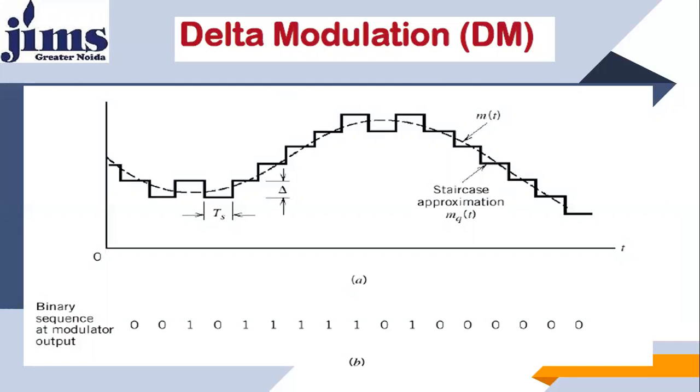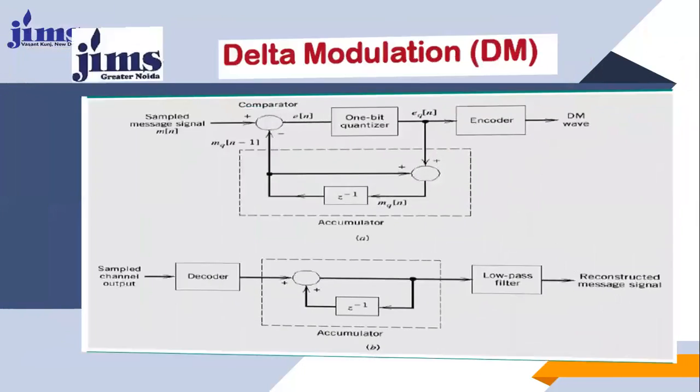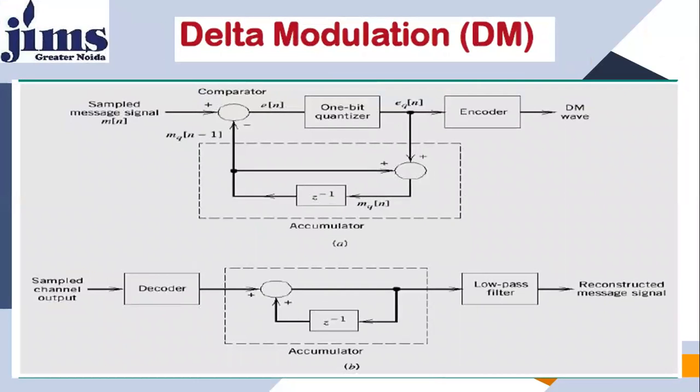But here we have only 1 bit with every sample. So the same information is transmitted with a lesser number of 0s and 1s. That is why the requirement of bandwidth is less in delta modulation. Look at this picture of delta modulation.